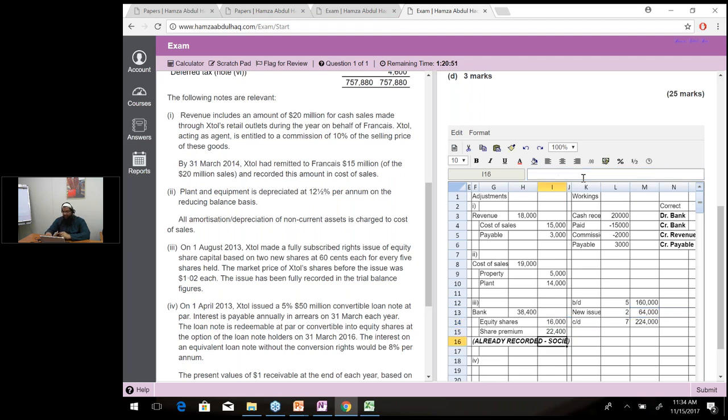Do you people feel there's a need for a break, or should we continue the question and take the break after completing it? What do you people say? Should we take a break and then continue again, or continue without taking the break? Because I think the solving of the question is not too much technical.